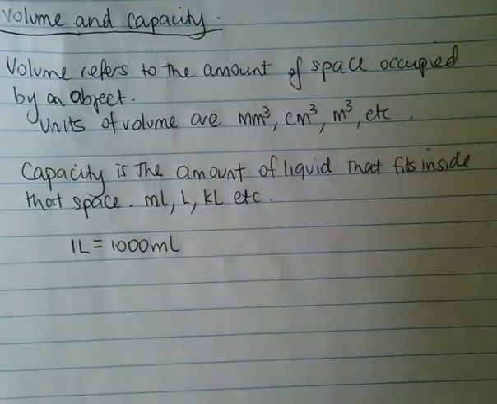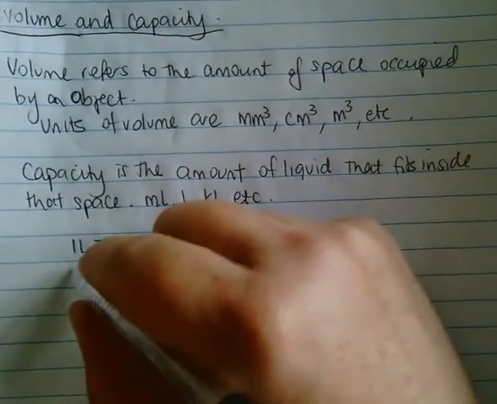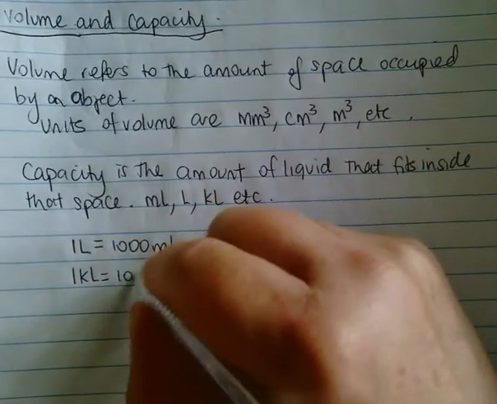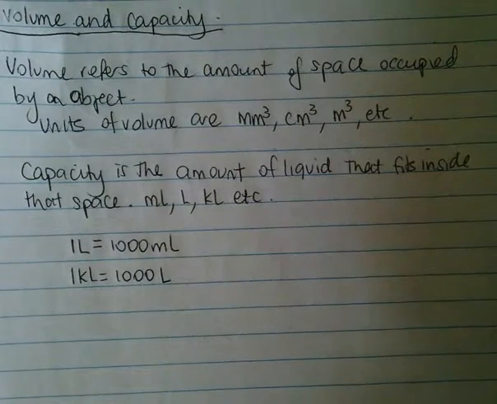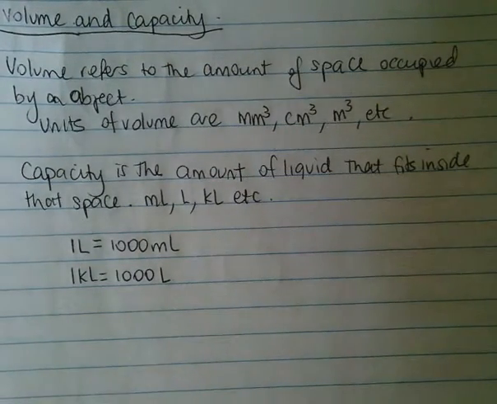You've seen these. 1 kilolitre is 1,000 litres. Okay, so you've seen those conversions.